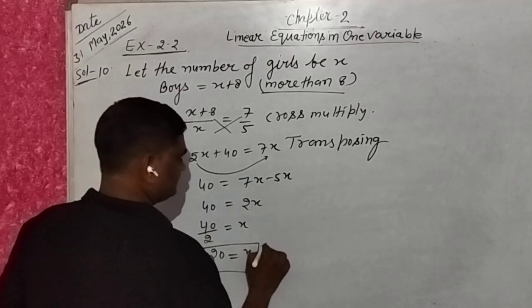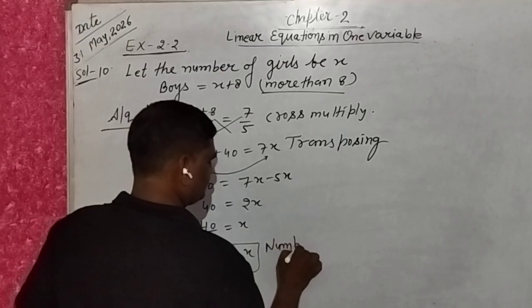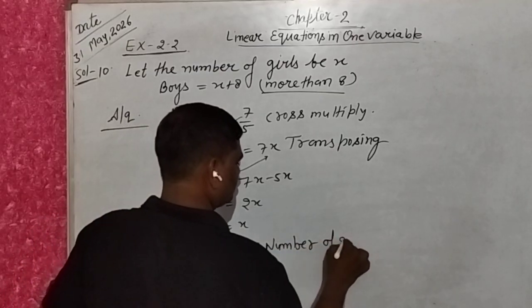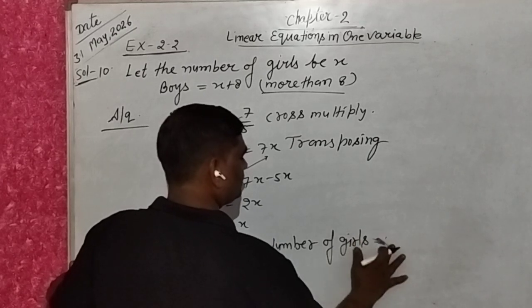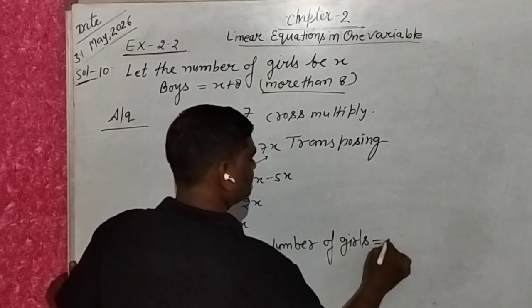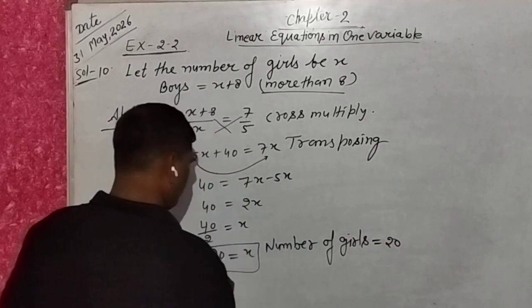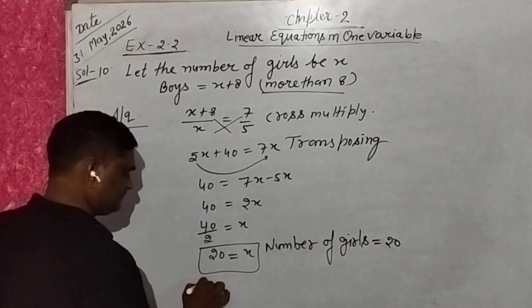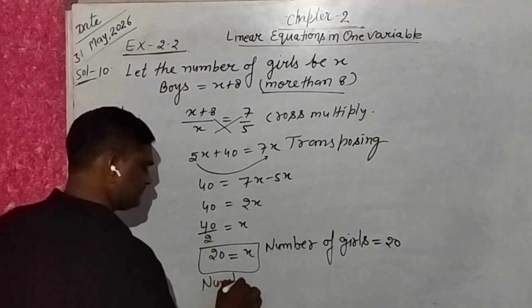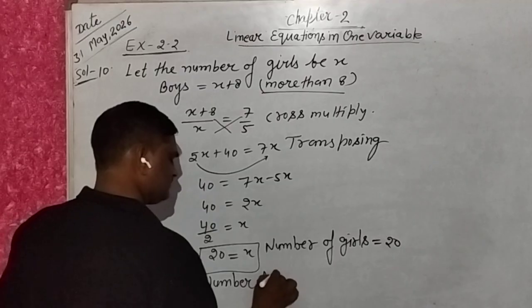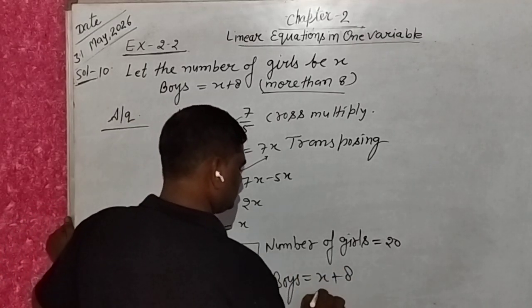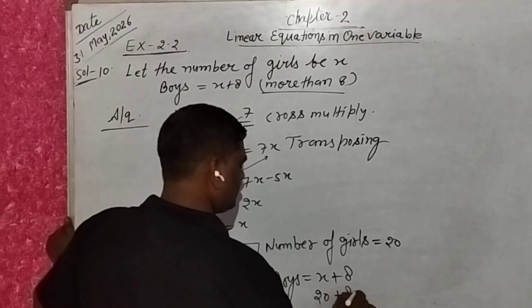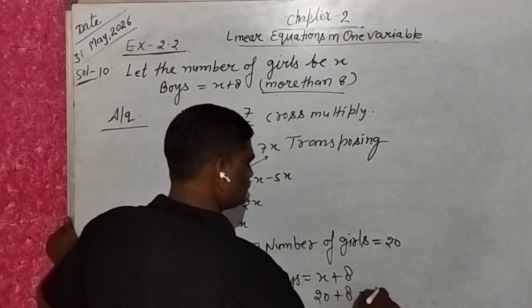Number of girls is equal to 20, and number of boys, x plus 8, 20 plus 8 equal to 28.